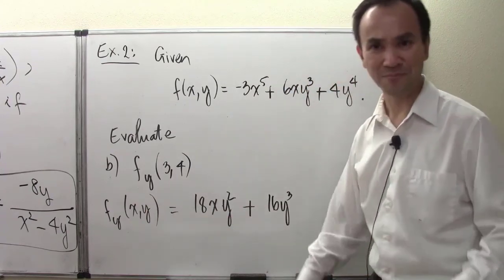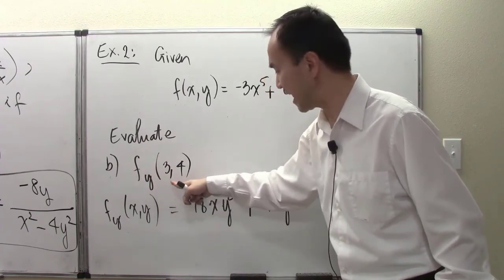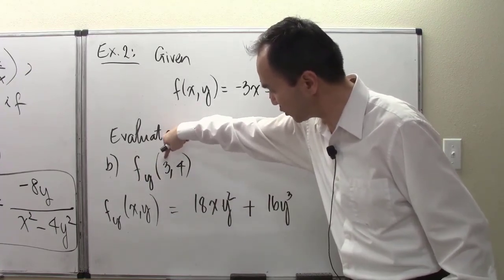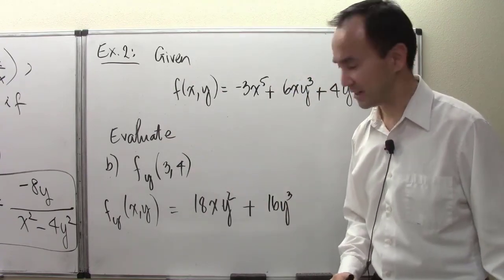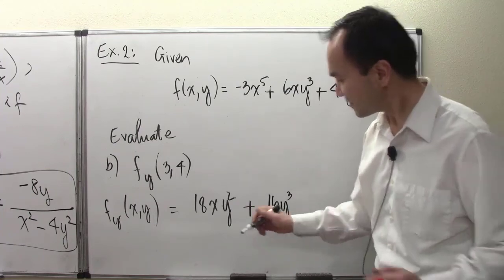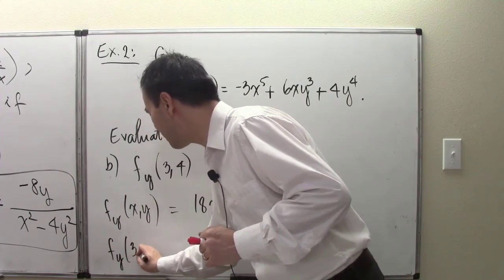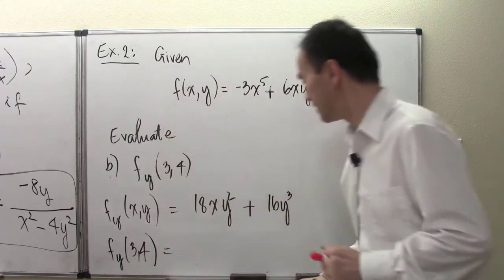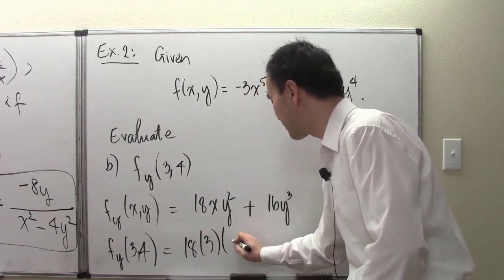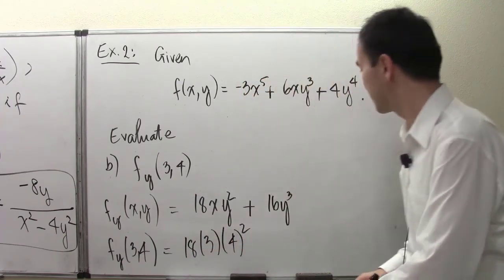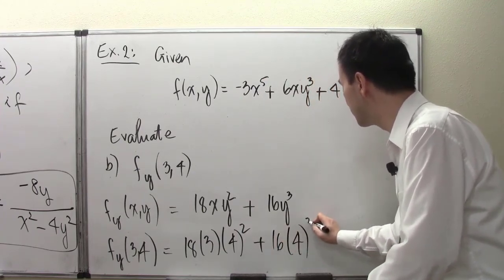Evaluating this partial derivative at 3, 4 means we substitute 3 for x and 4 for y in every term of the current partial derivative. So fy at 3, 4 must equal 18 times 3 times 4 squared, plus 16 times 4 cubed.